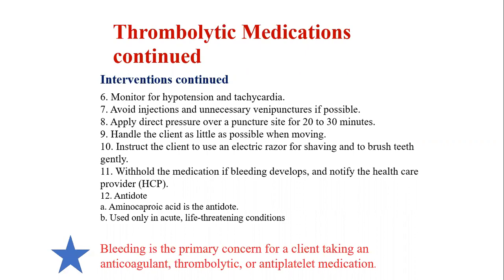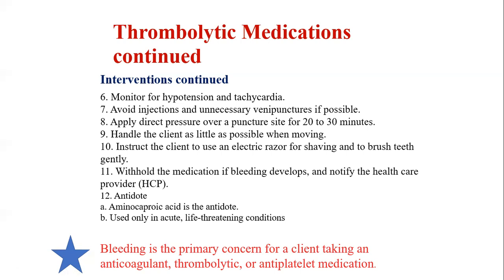And what is the antidote we use? It is important that if overdose occurs, we use the antidote, right? Aminocaproic acid we use as an antidote. Use only in acute or life-threatening conditions. So our first line is anticoagulant to prevent clotting, or we use the antiplatelet for prevention of clot formation.